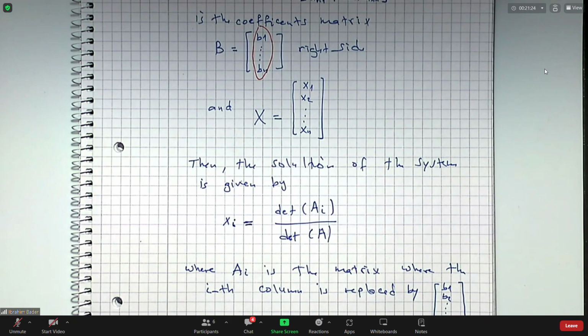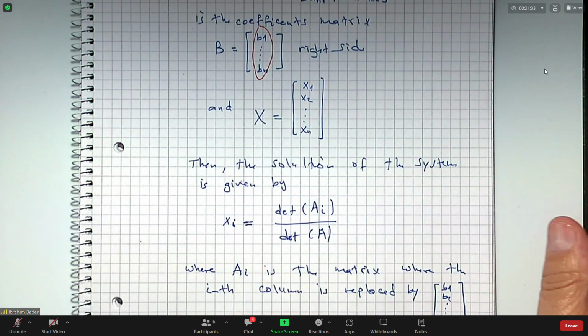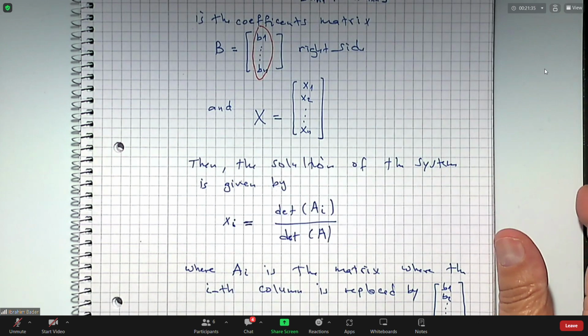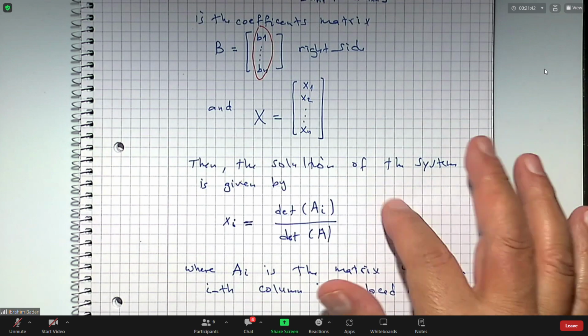And the third method that we are introducing today is Cramer's rule. Now, it is usually the students' favorite. That means if you leave it for the students to choose which method, they will go for this one.